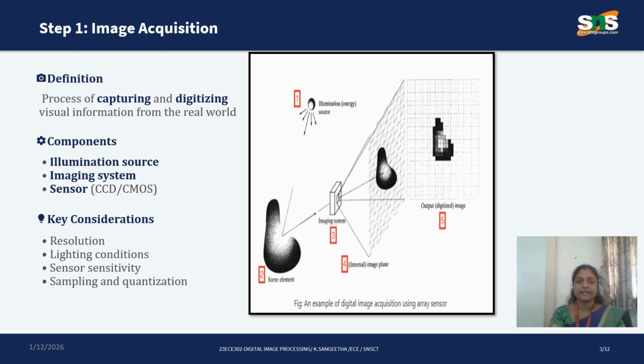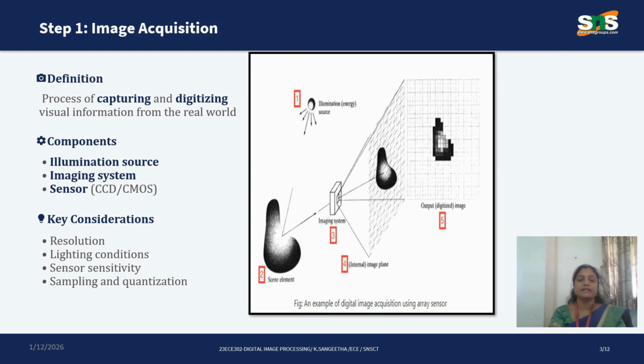Image acquisition means capturing the image and digitizing visual information from the real world. What we capture in the real world is an analog image, and it should be converted into digital form. What are the main points we have to consider while capturing the image? The illumination source, imaging system, and sensors or cameras used.